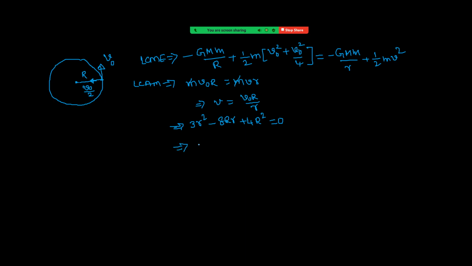Solving for r, we get the roots: one is 2R and the second one is 2R by 3. So 2R by 3 corresponds to minimum separation and 2R corresponds to maximum separation. Okay, so the previous question and this question are almost the same. We have taken the same equations, right? Okay. See now, next problem.